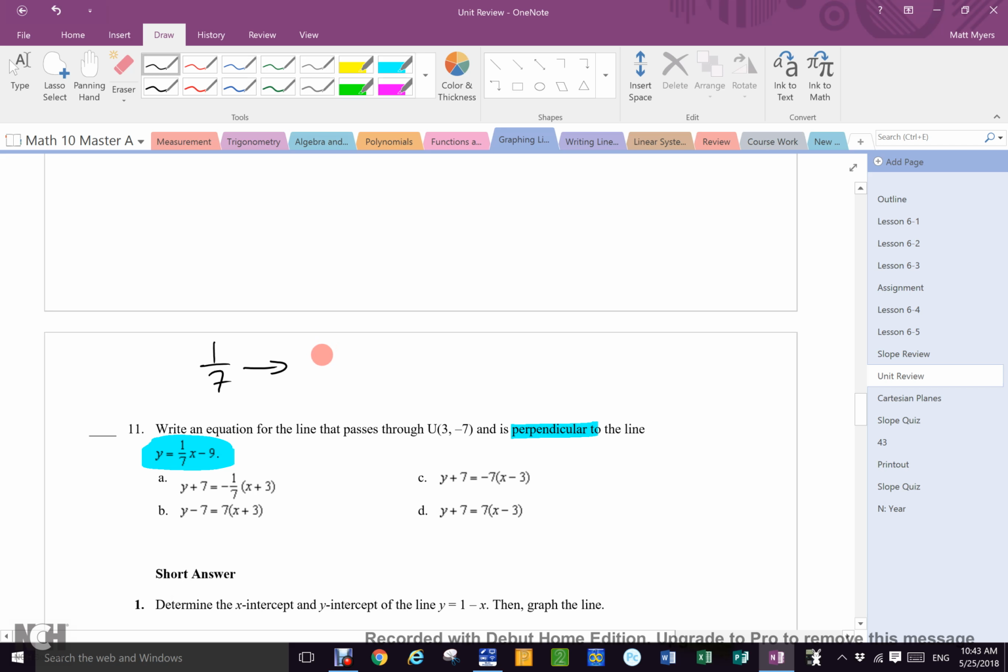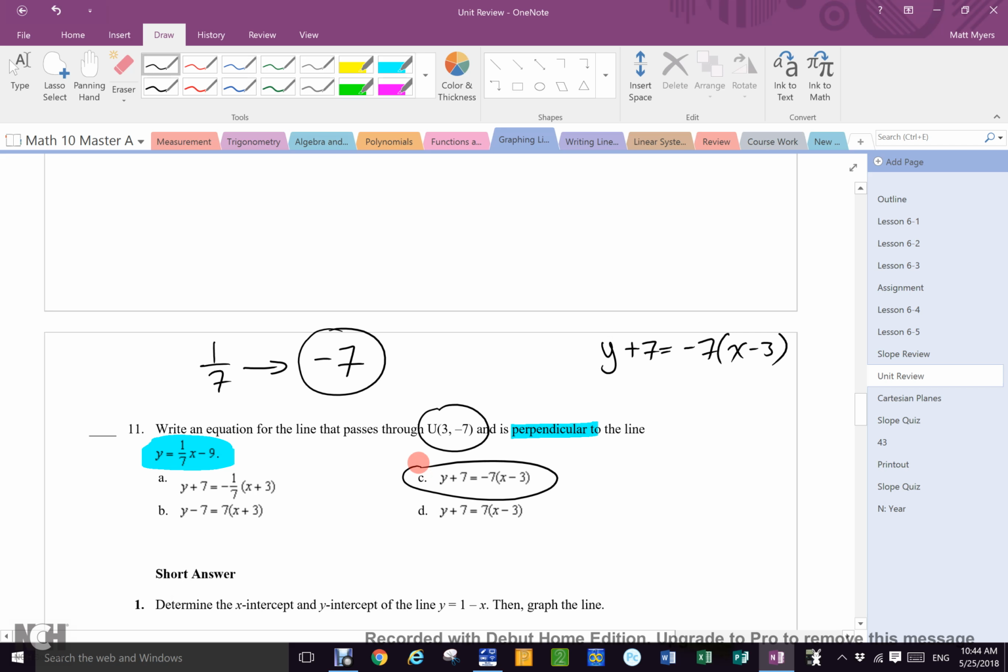What do I need it to become? -7. That's my new slope. That's my point. So I put it in point slope form. Y plus 7 equals -7 x minus 3. C. And that is worth 11 marks to you.